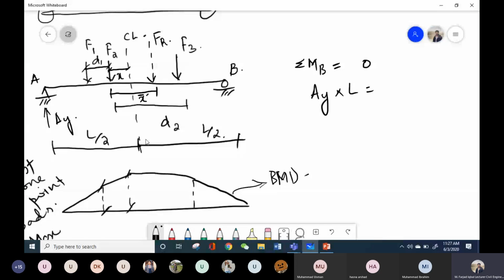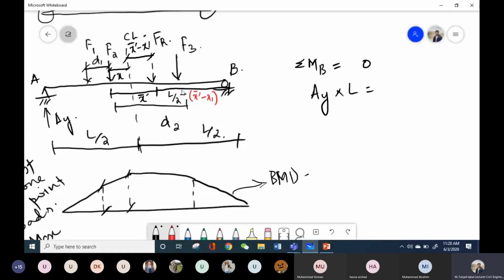What will be this distance? Can I say that this distance is x bar dash minus x? And what will be the distance of this resultant force with respect to point B? That will be L by 2 minus x bar dash minus x1.